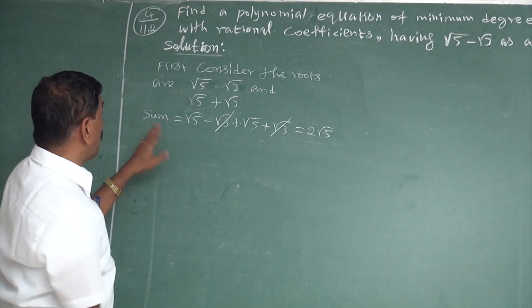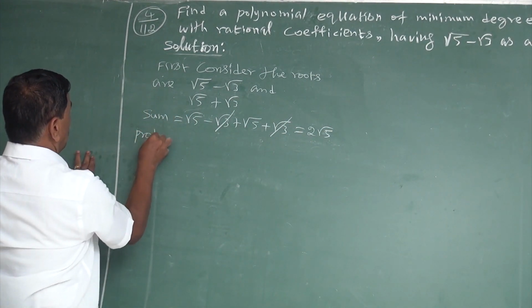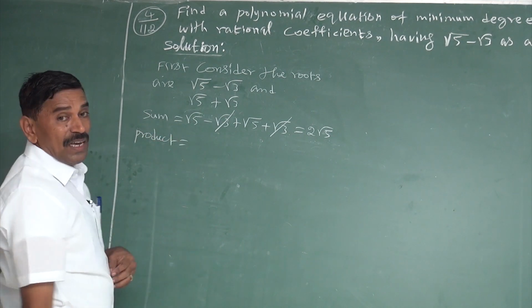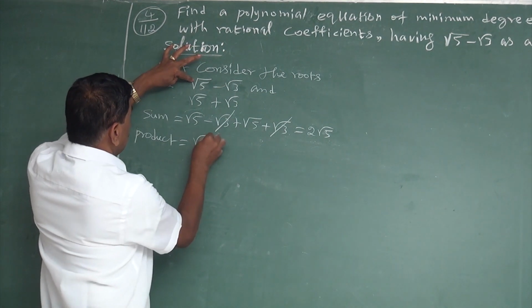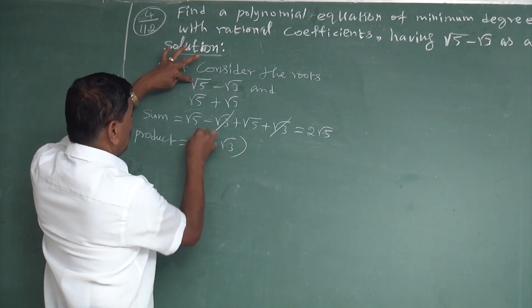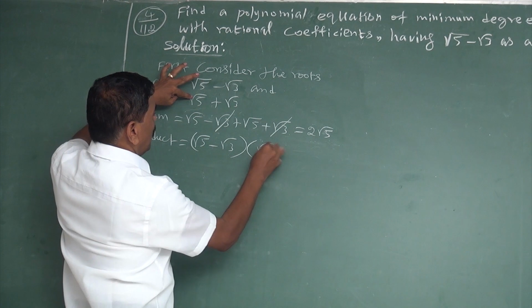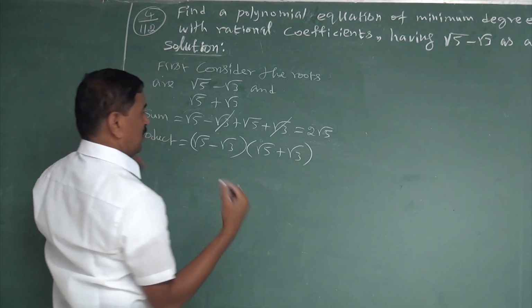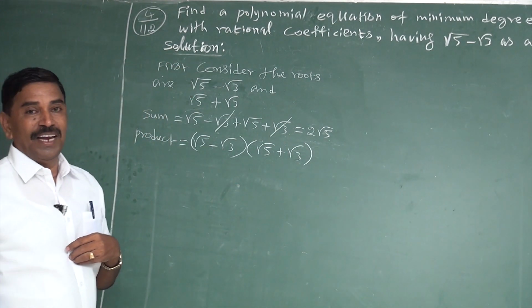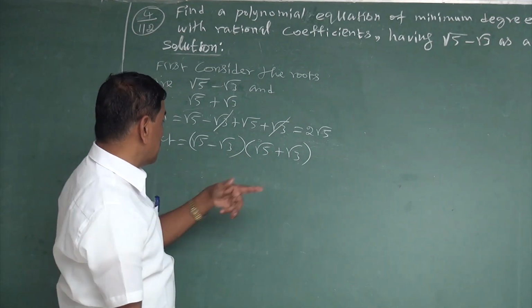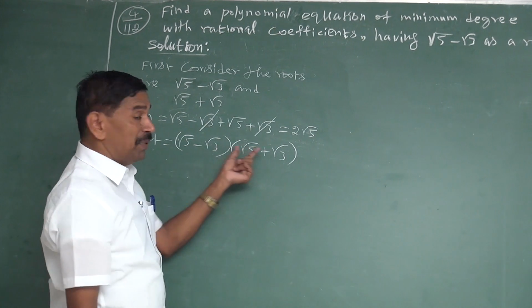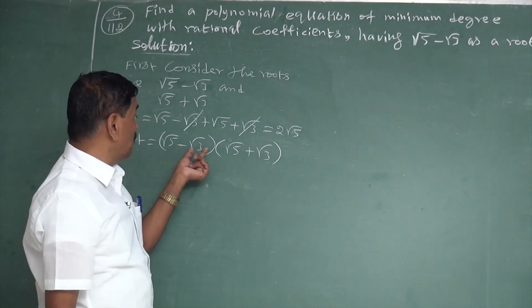Okay. Now the product of the roots. So how to find the product of the roots? Good, by multiplying. Listen, the first one is root 5 minus root 3 into root 5 plus root 3. Any idea? It will be of the form a minus b into a plus b. Yes, your answer is correct. It is of the form a minus b into a plus b, which is equal to a square minus b square.